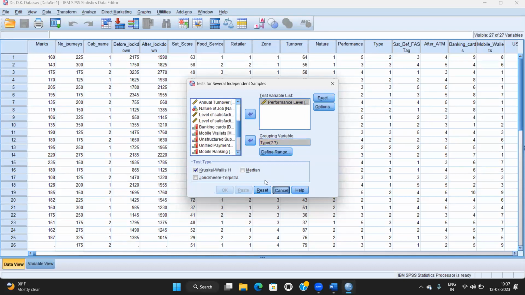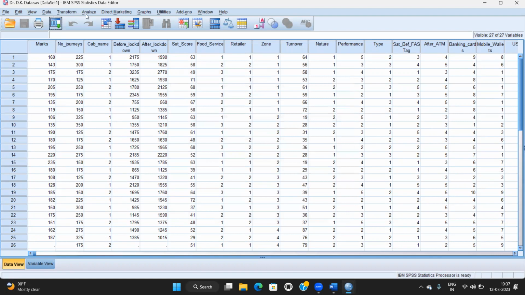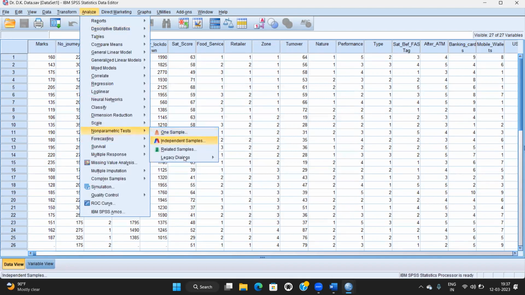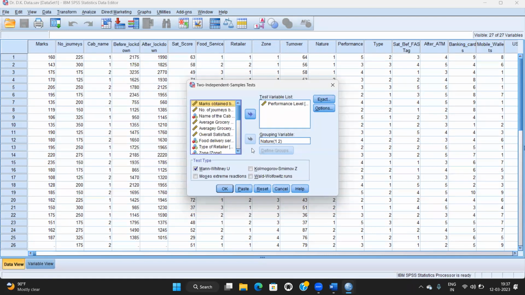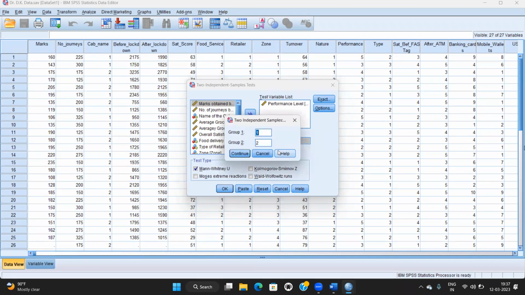Earlier, when we applied the Mann-Whitney U-test, two independent samples were selected, and the grouping variable was nature of job. The box below the grouping variable is define groups. If you click define groups, we got group 1 and group 2 because it is a two independent samples test.